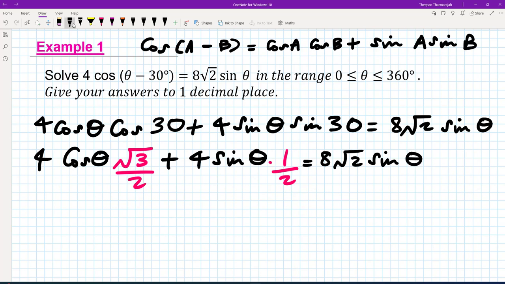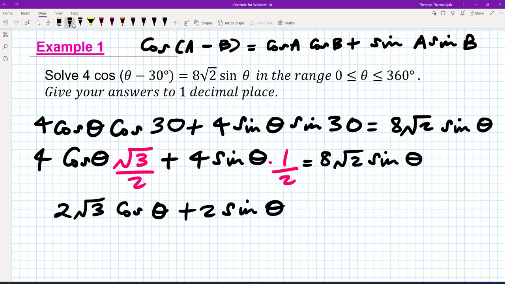So simplifying that down, we get 2 root 3 cos theta plus 2 sine theta is equal to 8 root 2 sine theta.